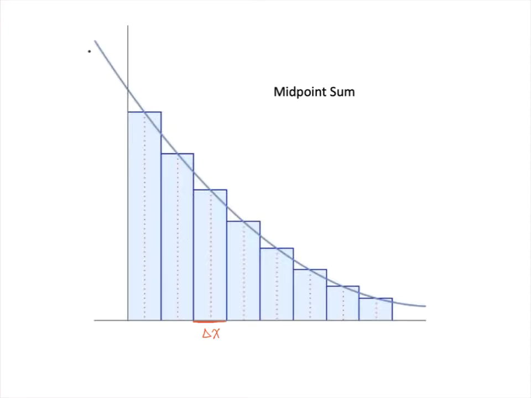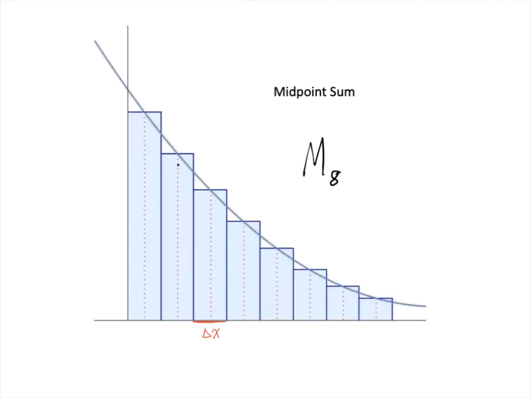We denote this with the capital letter M, and the number of rectangles you're using is the subscript. In this case, there are 8 rectangles, 1, 2, 3, 4, 5, 6, 7, 8. So this is M sub 8 that we calculate. Delta x is just the whole interval divided by 8.